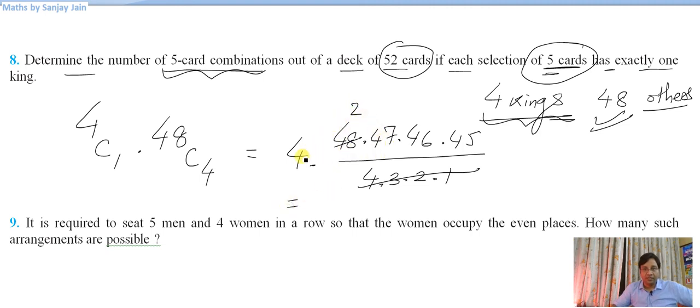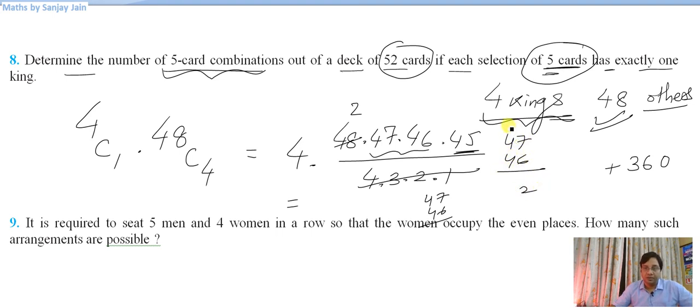So this is 8 into 45, I am doing separately. 8 into 45 will give you 360, right? Plus 47 into 46. This you can calculate separately. How can we calculate it easily? Okay, you can directly multiply it. Let me calculate.